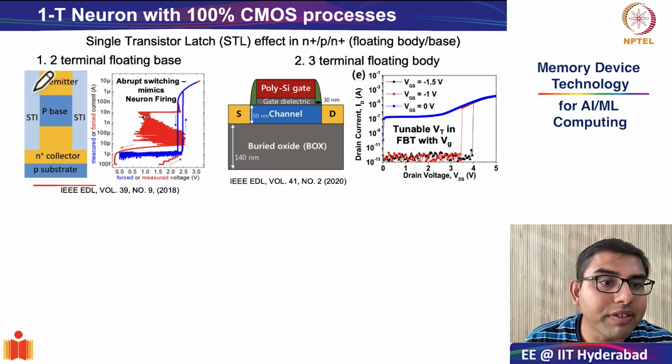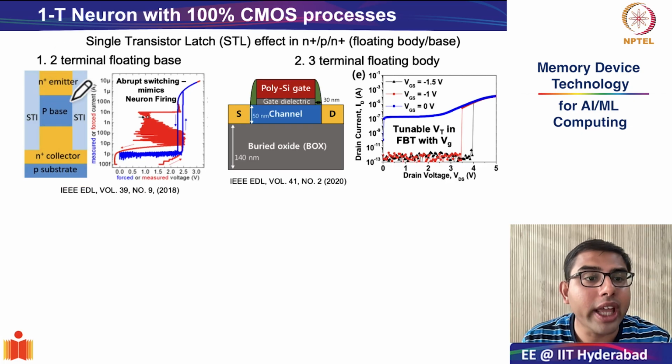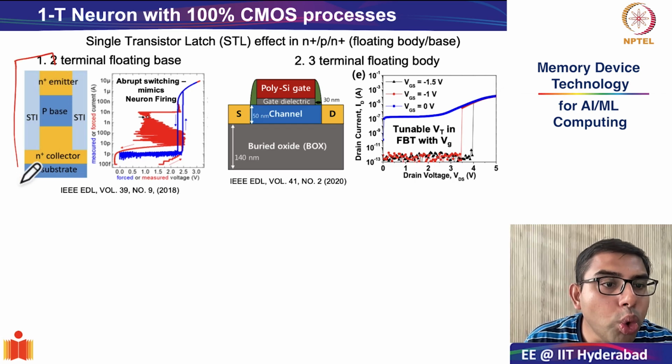On the top you have the N plus emitter, then you have your P base, and then you have an N plus collector. It is essentially like a BJT but a 2-terminal device, because this middle portion, which is the base, is kept floating, and you will only do 2-terminal measurements like this.